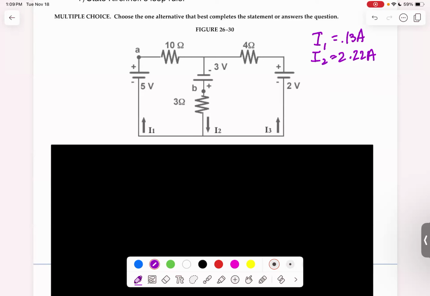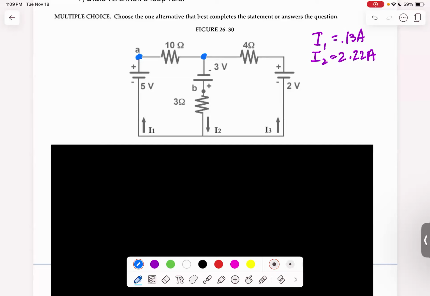I'm going to use point A as a starting point, and I'm going to go to this node right here. Kirchhoff's current rule basically says we look at a node, where the current splits off, and we want to determine what the current in and the current out are.